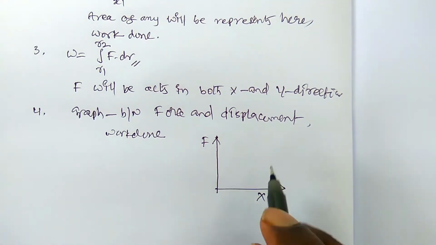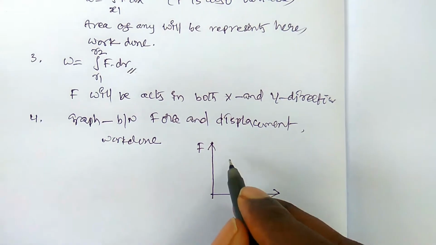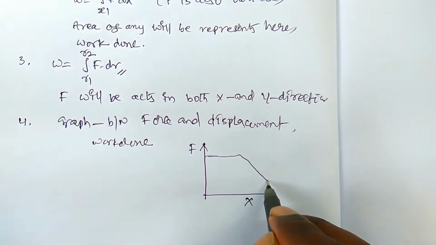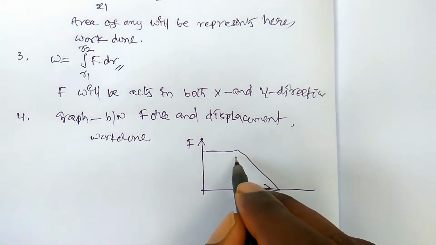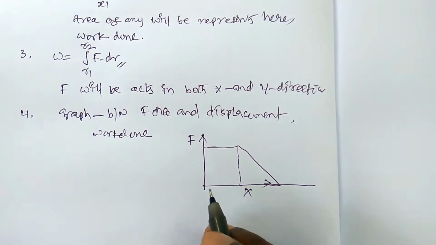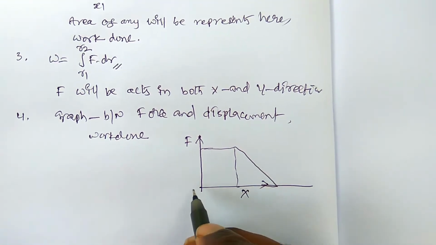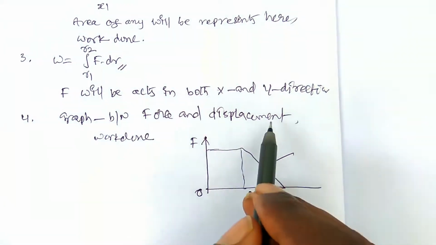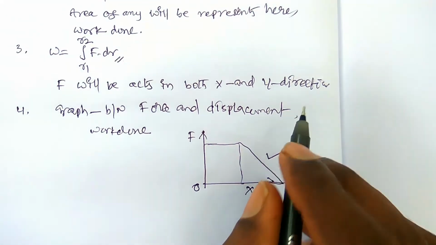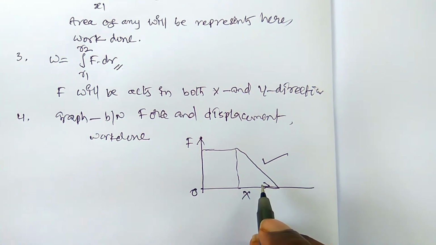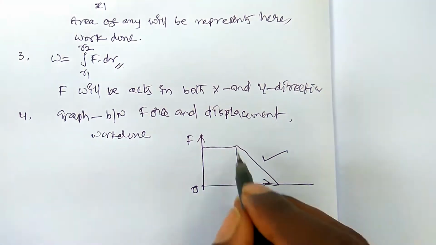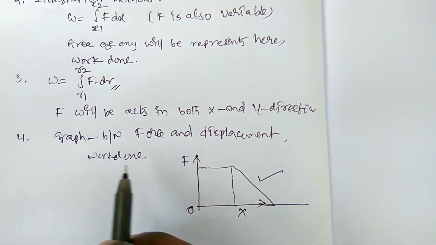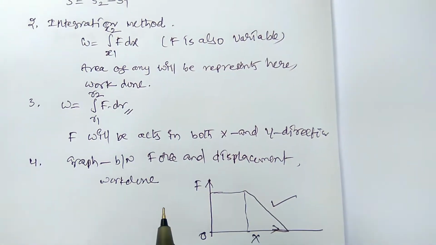If there is a graph, it can be in this shape. So how can we find the work done in these cases? A graph between force and displacement also gives us the work done. The area of the shape of the graph gives us the work done. That is the process you have to follow.